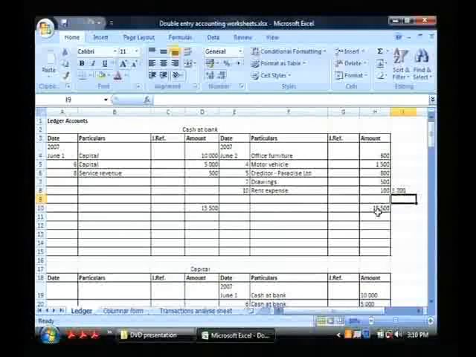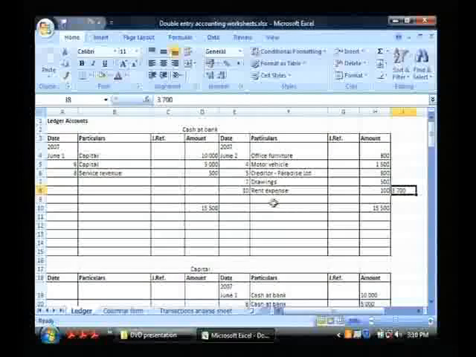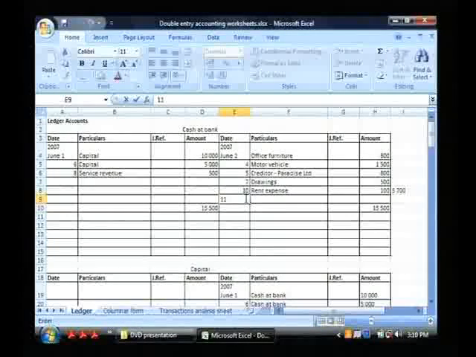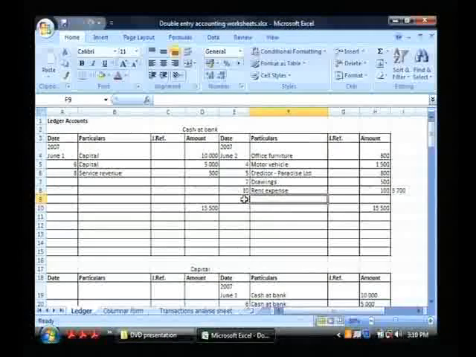Then 15,500 minus 3,700 is 11,800. So write the balancing date here. Balancing date, as I said earlier, it is 11th. 11th is the last day of these transactions. So we assume that we balance all these ledger accounts on 11th of June.